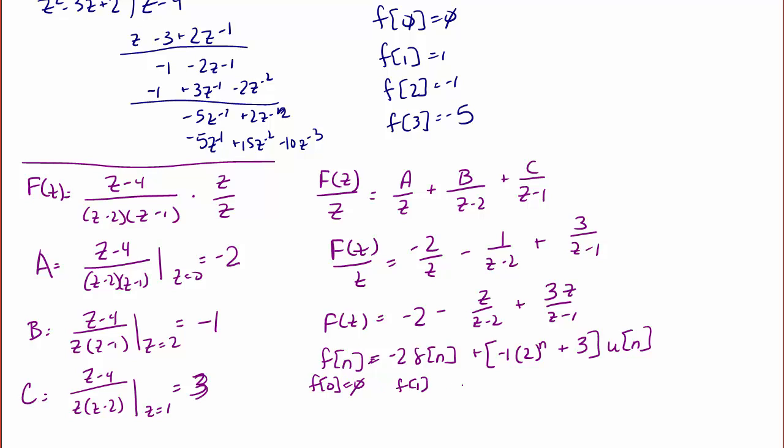Then f of 1 equals 1, which is the same as what we got before. F of 2 is equal to negative 1. That's the same as what we got before. And f of 3 is equal to negative 5, also the same as what we got before.